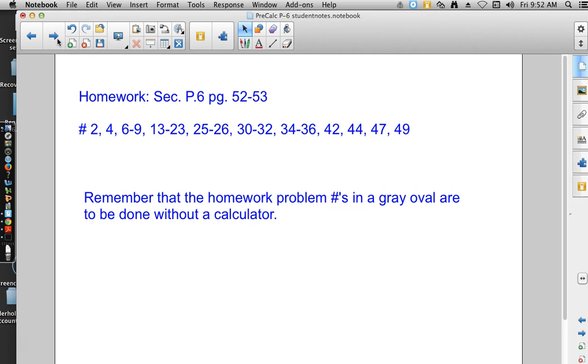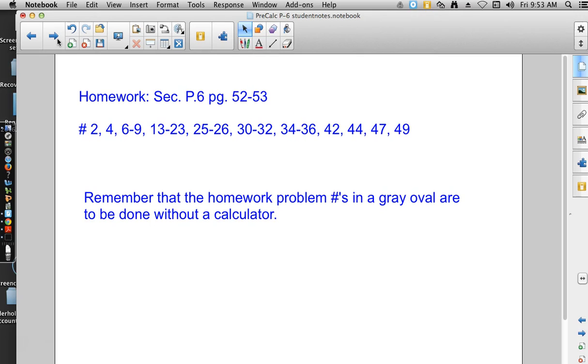Oh, and a reminder here, the homework problem numbers in the gray oval are to be done without a calculator. You know, they have their with the calculator and without the ones. So any gray ovals, they're saying don't do it with the calculator. And if right now you're saying, what, we can do these with the calculator? Well, you can't on the test. But yes, I did show my Algebra 2 students how to do imaginary numbers on the calculator last year, so that when you take the MCAs or the ACTs, you'll know, hey, this is a no-brainer.